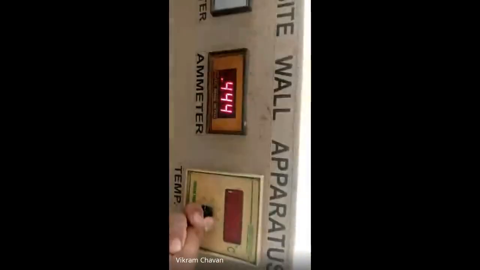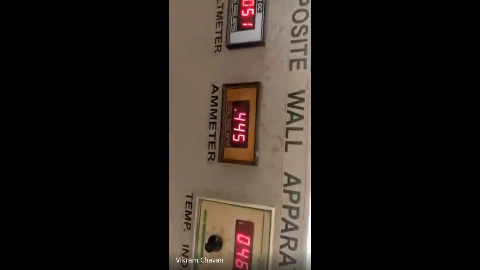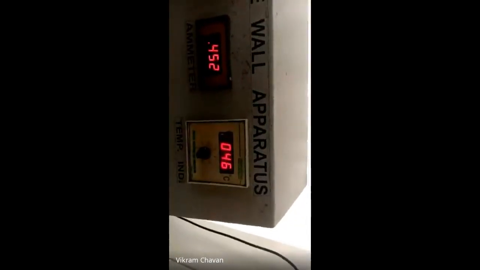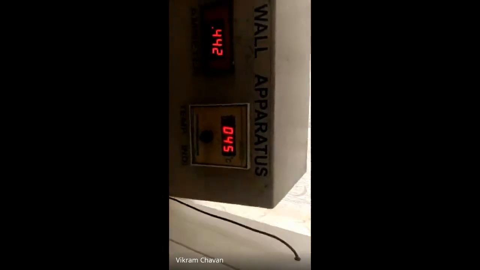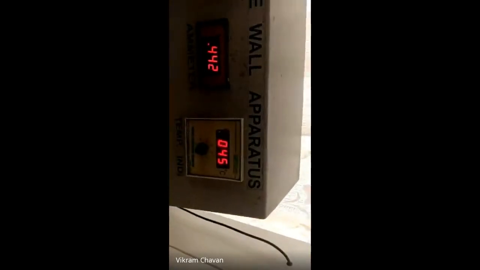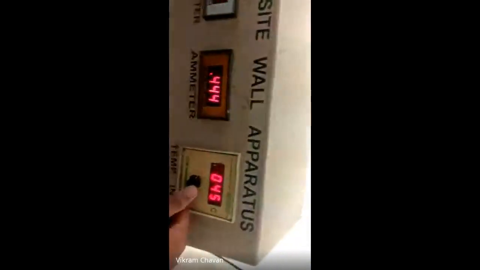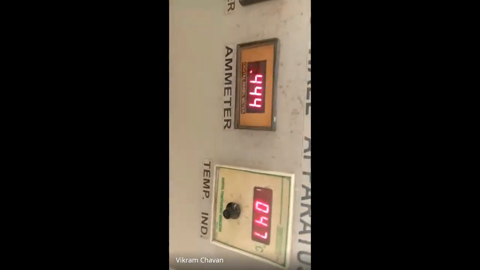Then you move this knob to the third. T3 and T4 thermocouples are positioned equidistant from the heater.